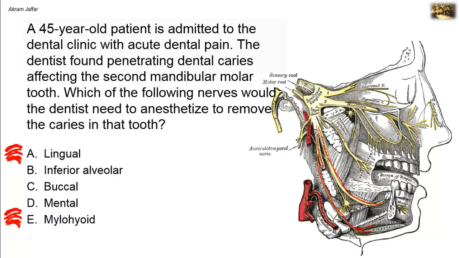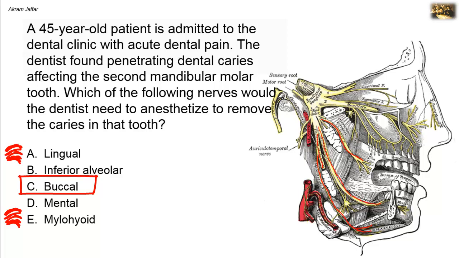Here you can see another branch of the mandibular nerve, this one. This is the buccal nerve or the long buccal nerve. The long buccal nerve is another sensory branch of the mandibular nerve, but it is not involved in the innervation of the teeth. It supplies the mucosa of the inner side of the cheek as well as the skin over buccinator muscle. It doesn't supply the muscle itself, but it's sensory.